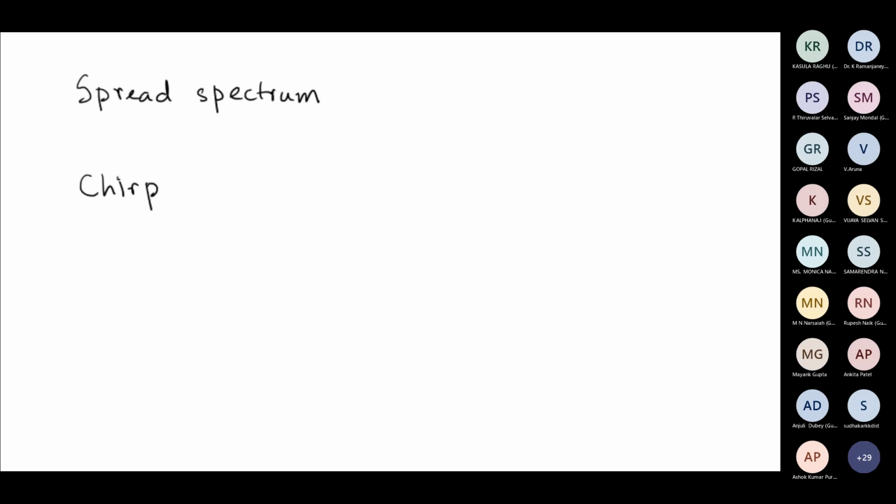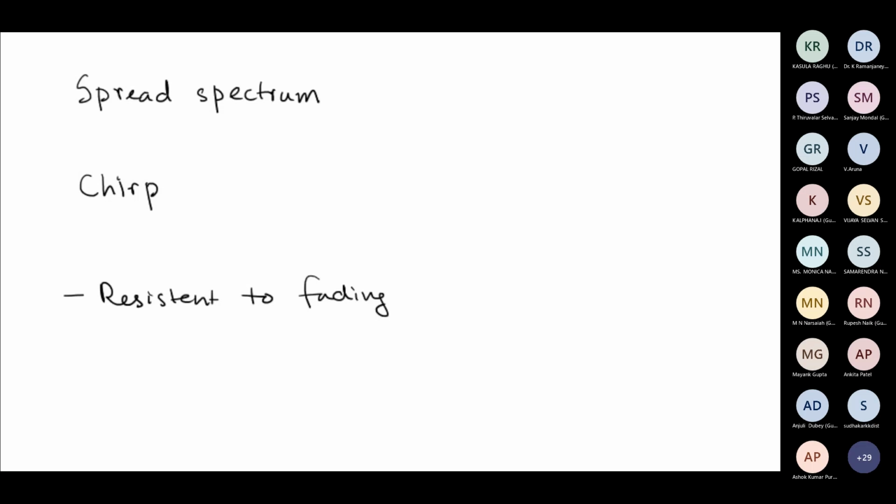But because of its properties, this chirp combined with spread spectrum, what we have is a type of signal waveforms that are quite resistant to fading. So they are resistant to multipath propagation and Doppler shift and consequently to different types of fading.